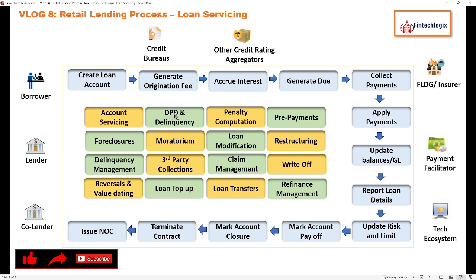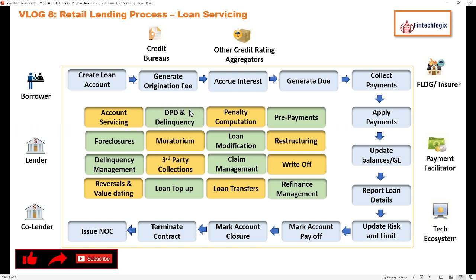If there is a delay in payment, we mark the DPD from 1, 2, 3. After your grace days, normally we start marking DPD, and on a certain date, mark that as delinquency. Delinquency might have multiple buckets, for example 0 to 30 days, 30 to 60 days, like that. All those are part of your DPD and delinquency.